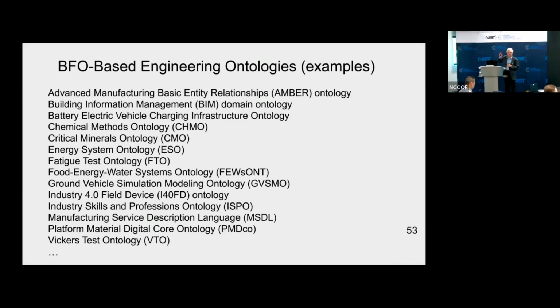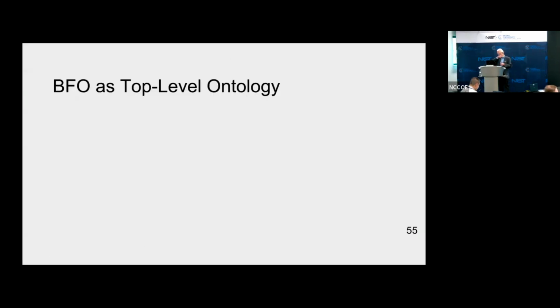IOF creates that ingredient whereby the domain ontologies, which are, if they do things properly, well structured because they're based on BFO, they also need to be future-proofed by being linked to the ontologies which are being built in the surrounding neighborhoods. That's the only way that you can have a chance of being useful in the next 5, 10 years, if your ontology is being built in tandem with the ontologies being built by your neighbors.